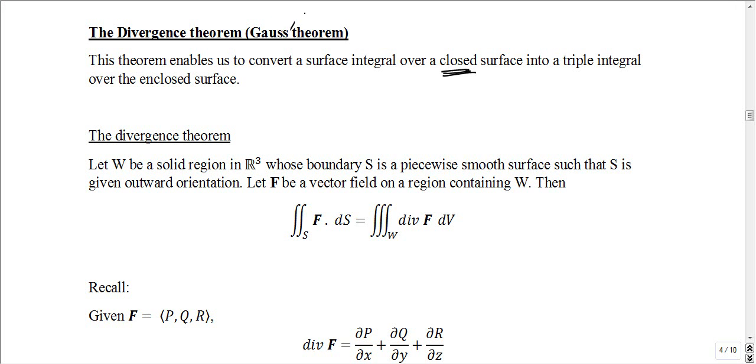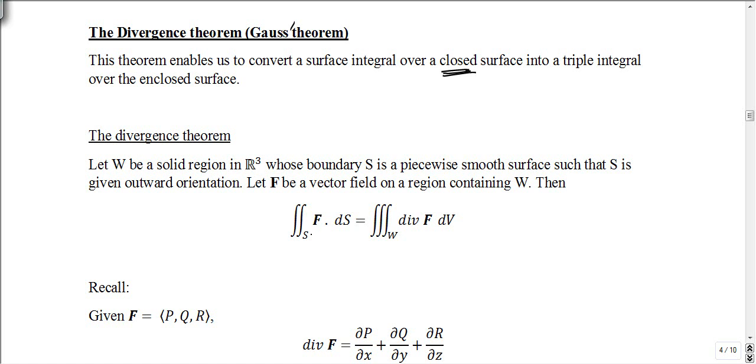Divergence theorem: let W be a solid region in R3 whose boundary S is a piecewise smooth surface such that S is given outward orientation. This is going to be our positive orientation. Let F be a vector field on a region containing W. Here is the divergence theorem.